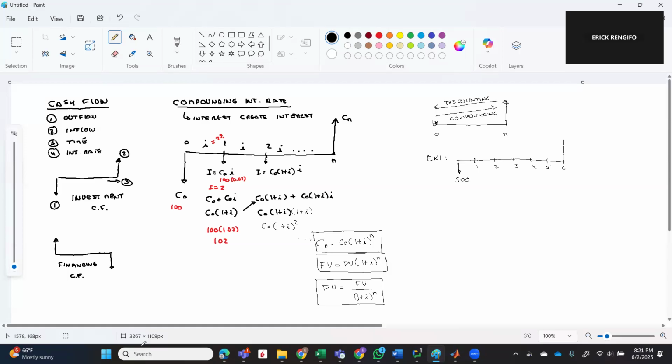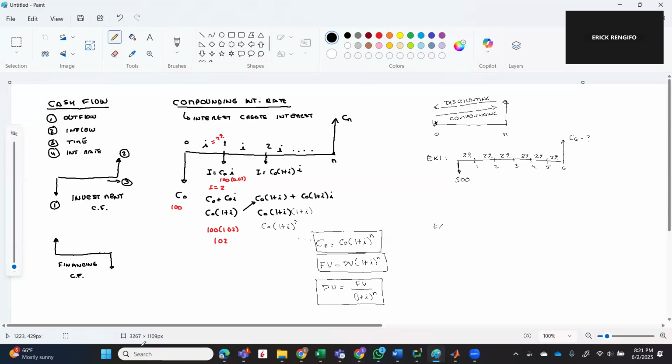What I'm interested in is, what is C6, if the interest per period equals 2%? So tell me, what is its value? You use this formula, right? Okay, so this is my first exercise.